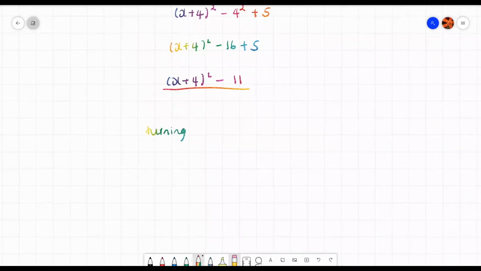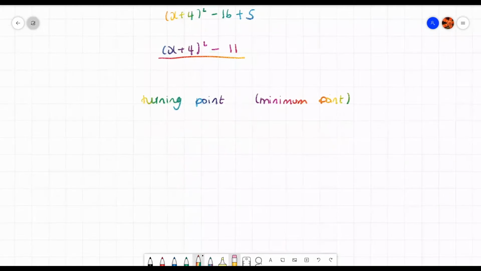Now, turning point is also known as minimum point. It is both the same thing, so don't get confused if one question says turning point or the question says minimum point. So again, where's your completing the square? It's here. It's the opposite to that one. So that's positive 4, it's minus 4, and that last number stays the same, minus 11.